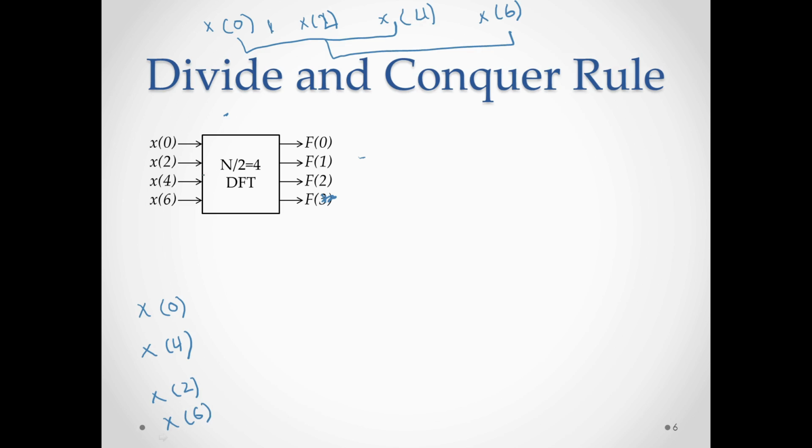Now, as we know, our general formula was x of k equal to f of k plus w n k g of k. Using this formula, and as I have shown how we distribute our even and odd entries, try to draw the butterfly diagram that we have already drawn in the previous slide.